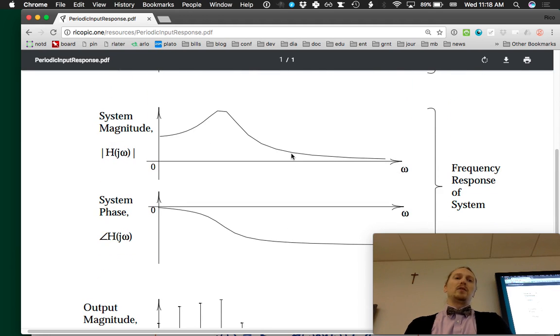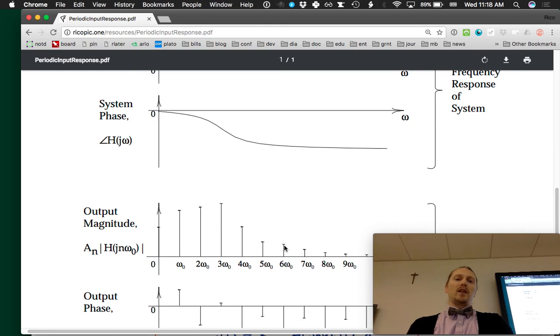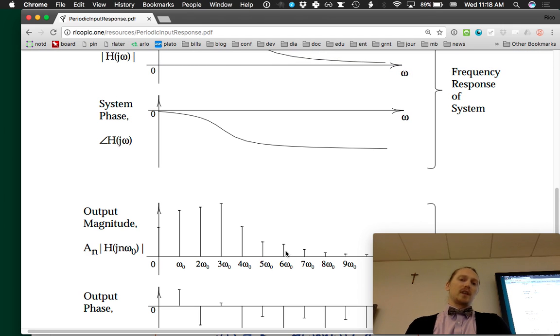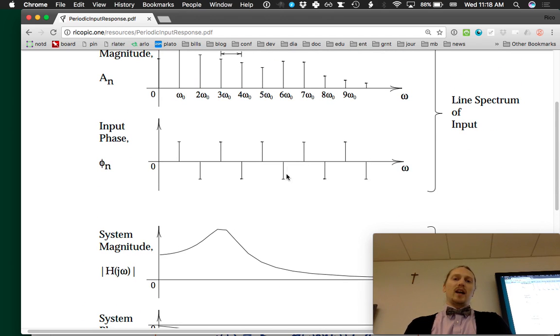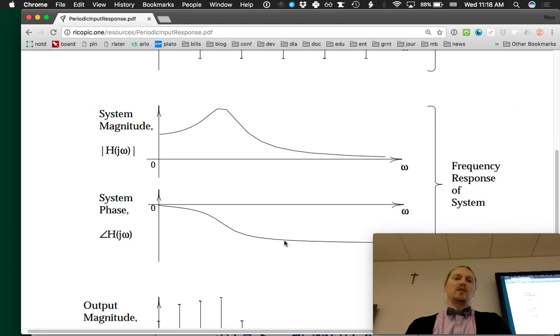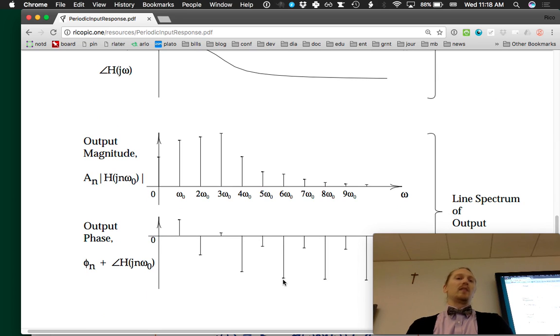The magnitude should be multiplied by something that makes it smaller, right? Assuming that this is 1, which it very likely is, this would end up being smaller, so it's going to shrink. And sure enough, this line spectrum point here is smaller after the 6th harmonic. The phase was negative 90, and it's going to get even more negative, because it's going to add to this negative phase.